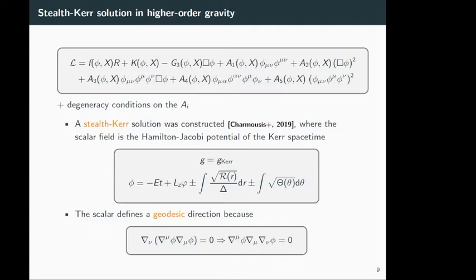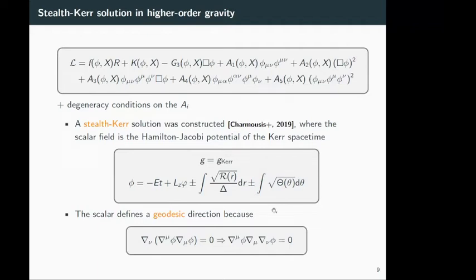I thought that you were pointing out that d mu phi is a Killing vector. No, it's a geodesic direction. So it doesn't correspond to any Killing vector. If you take derivatives, you have a function of r and theta, which are not Killing.